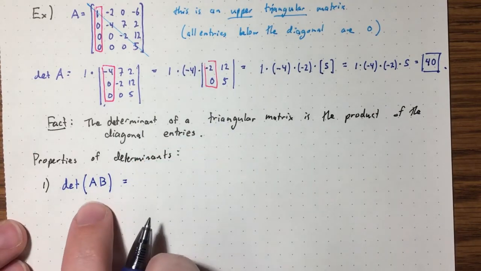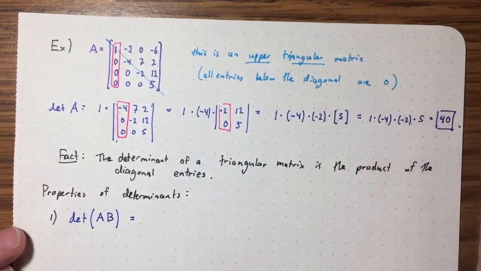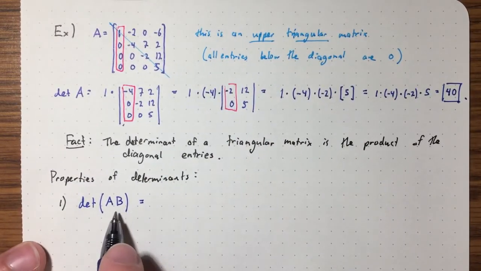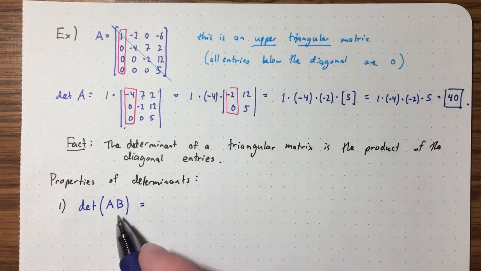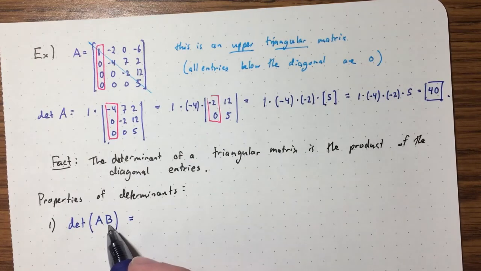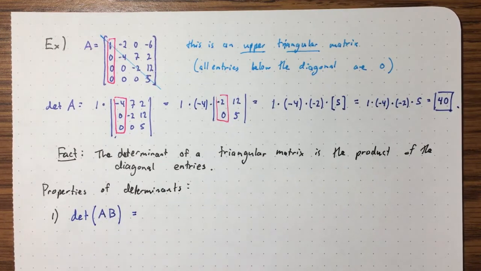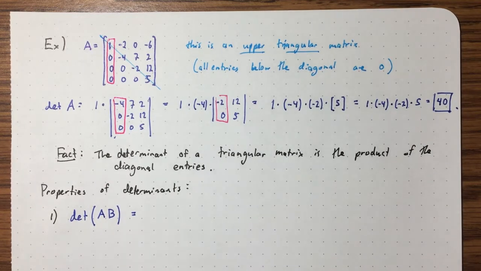Here's one way to think of this. If we go back to thinking about areas, it's kind of a cool way to think about it. So, what is AB? It's a linear transformation that means you first do B and then A. Right? Matrix multiplication is composition of linear transformations. So let's say B scales by a certain factor and then A scales by a certain factor. So B scales area by a certain factor. What is that factor? It's determinant of B. And A scales area by a certain factor, which is determinant of A. And we have to keep track of the orientation too, right?